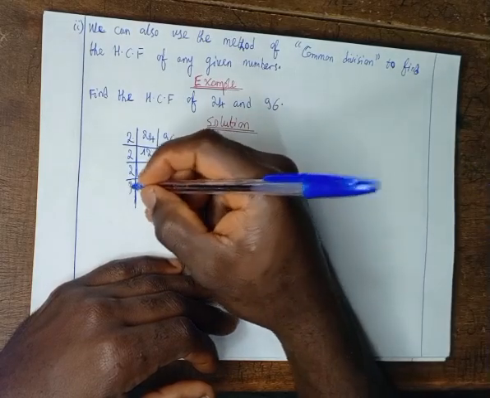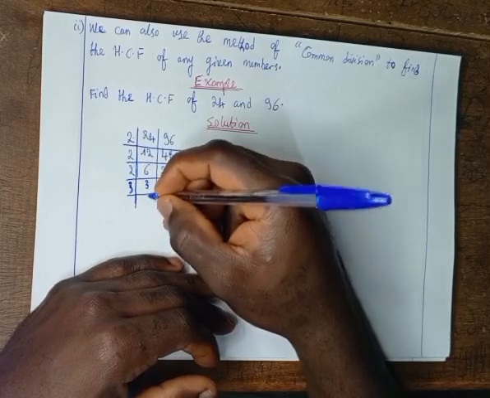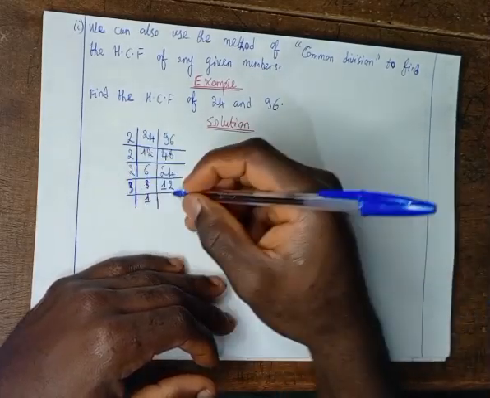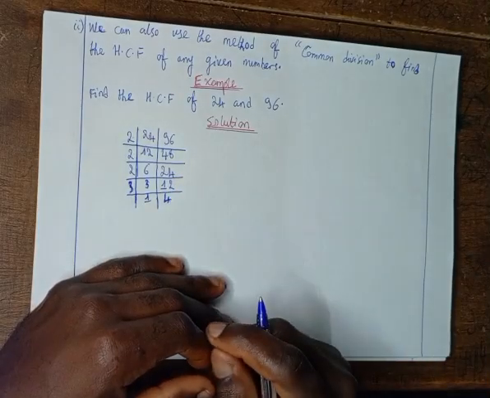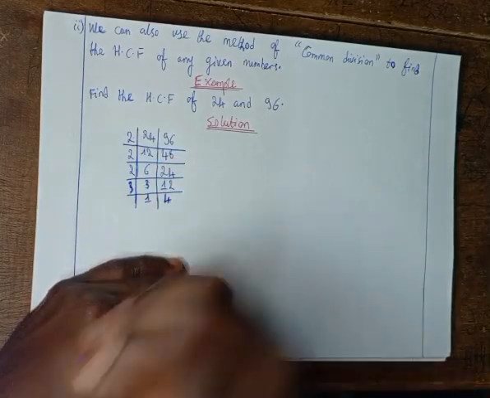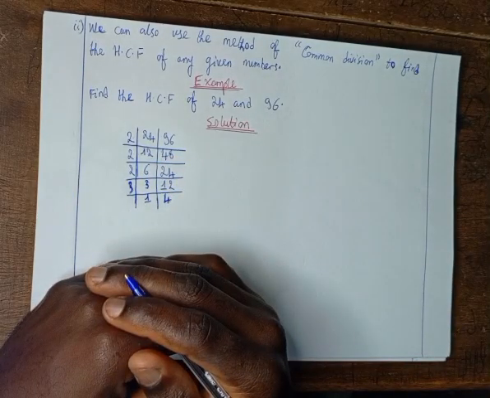So we are going to write 3 here. 3 will go into 3 1 time. 12 divided by 3 gives us 4. So we are going to end here at this level because there is no prime factor which is common between 1 and 4.